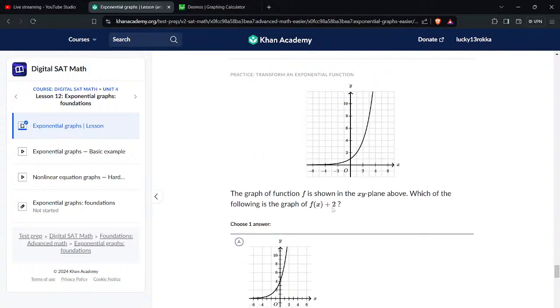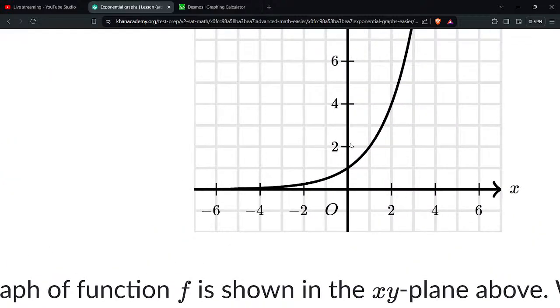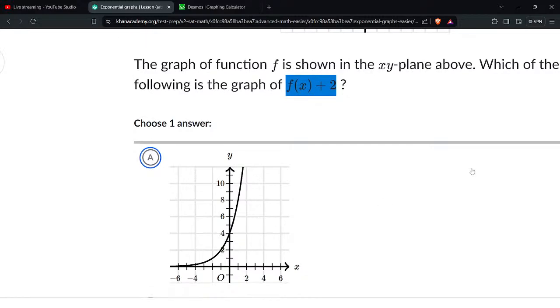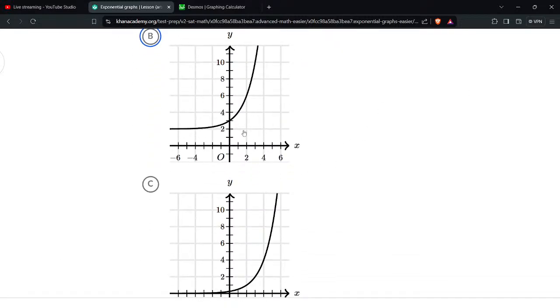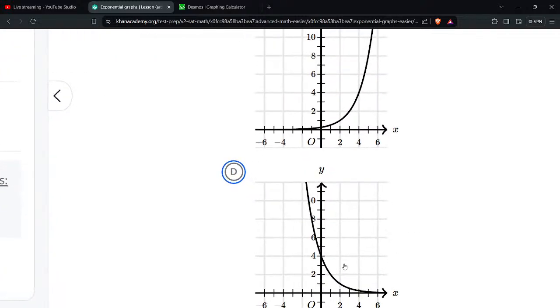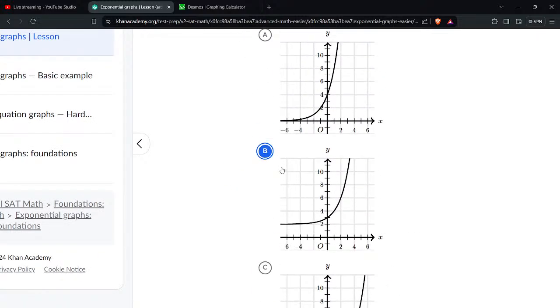If we do this, the graph should shift by 2 points upwards. So that means the graph's y-intercept should shift by 2. The y-intercept needs to be 3. So first of all, how many of those do we have? We only have one with that answer.